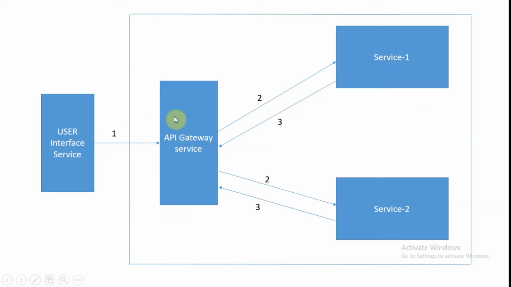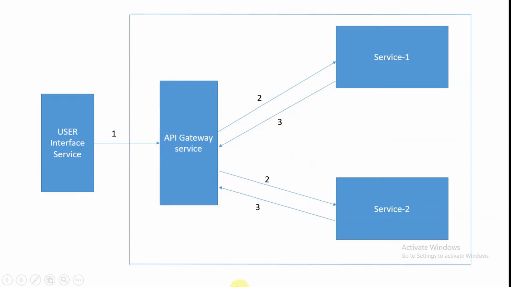So here the API gateway works as a front layer, providing a single URL for external interfaces and services which are going to consume those microservices.